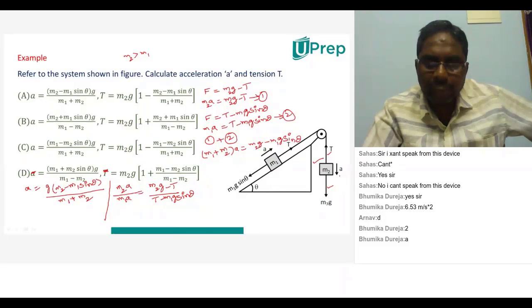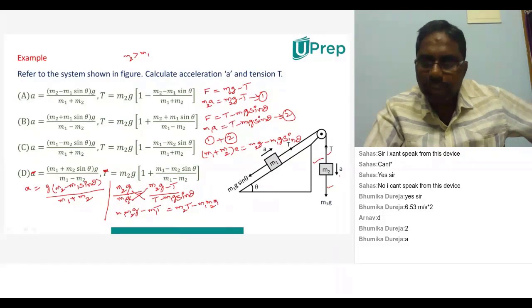Now A will get cancelled, and now you do cross multiplication. And if you do cross multiplication, first m1 m2g minus m1T is equal to m2T minus m1 m2g sine theta. Now here what I am doing is, where do I have to write?